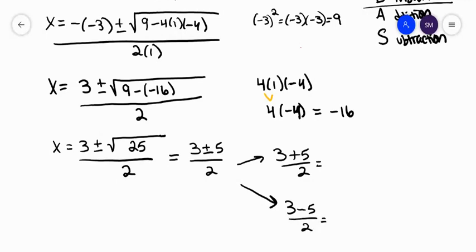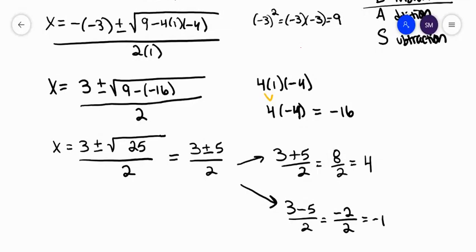So in my plus version, 3 plus 5 is 8, and 8 divided by 2 gives me 4. In our minus version, 3 minus 5 is negative 2, and negative 2 divided by 2 is negative 1.